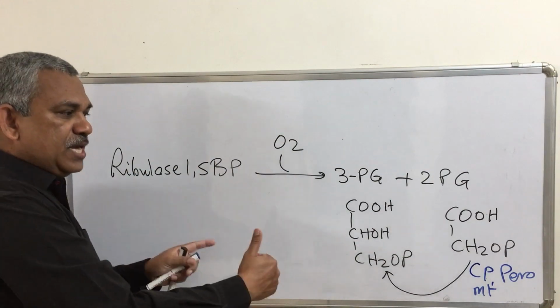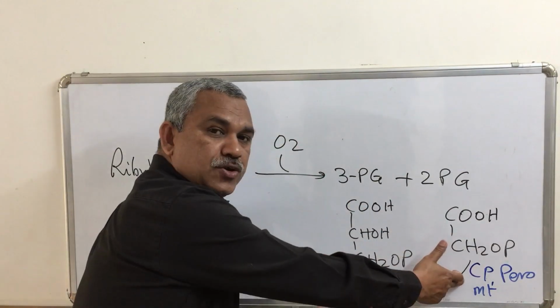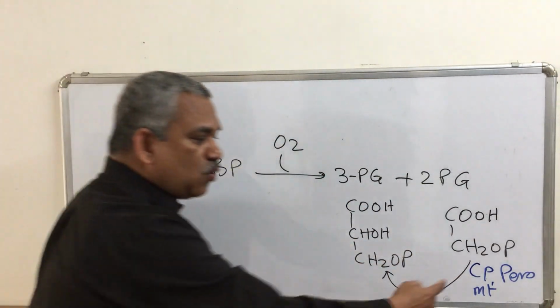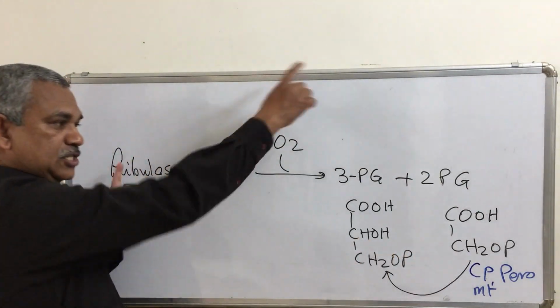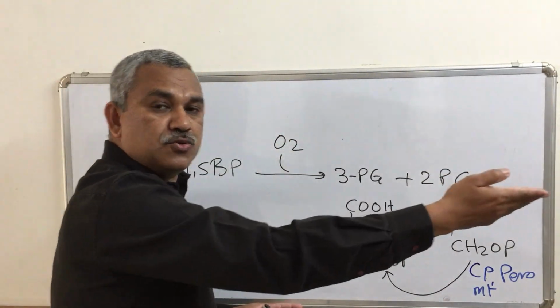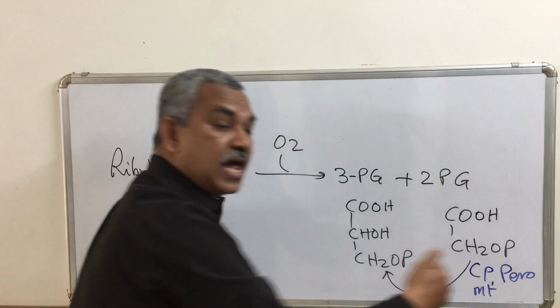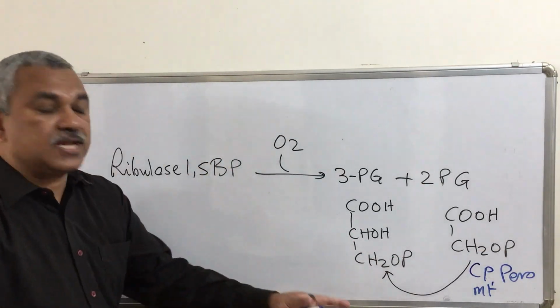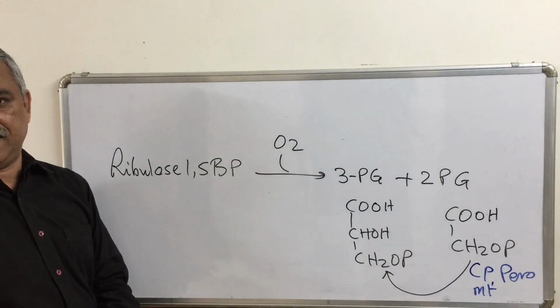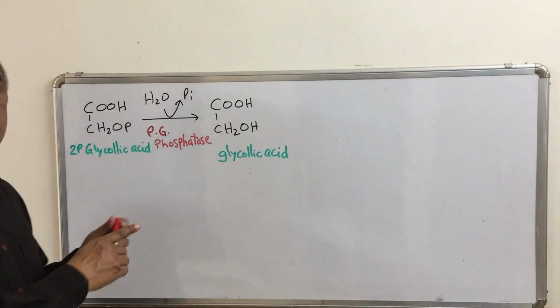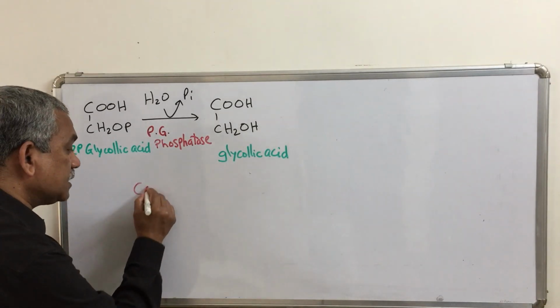Now what we will do is we will begin with what all happens in the chloroplast. Then we will continue to the reactions that happen in peroxisomes, then we'll continue with the mitochondria. We begin with what happens in the chloroplast.